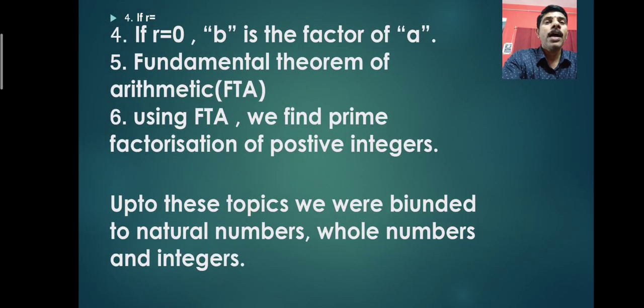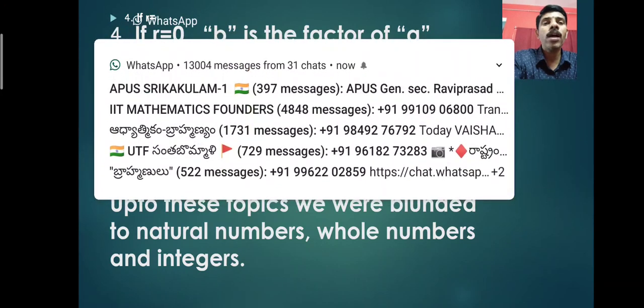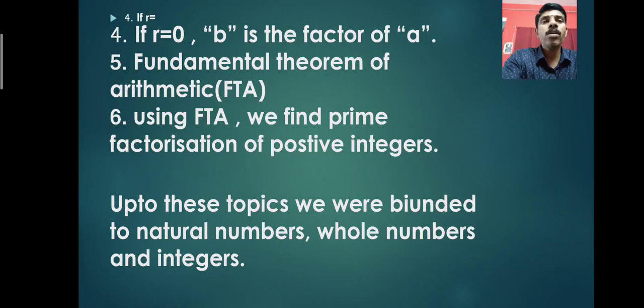After knowing the prime factorization, we are going to know the fundamental theorem of arithmetic. Using the fundamental theorem of arithmetic, we can find the LCM and HCF of different positive integers.